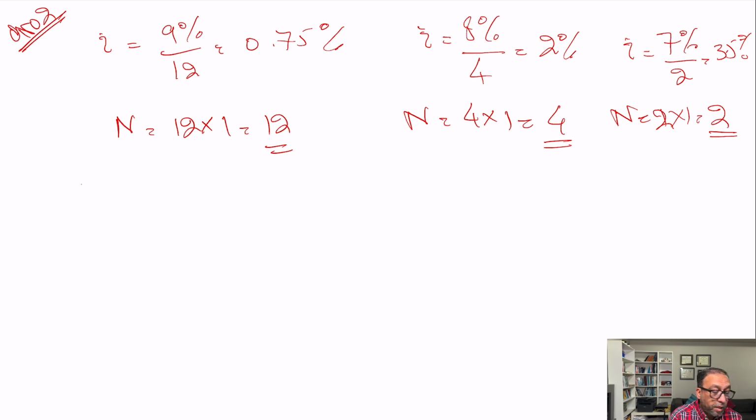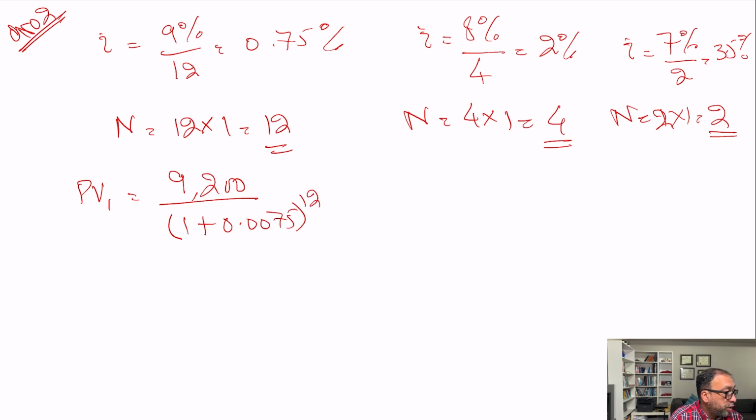So here PV1 is 9200 divided by 1 plus 0.0075 exponential 12, so we get 8410.99.